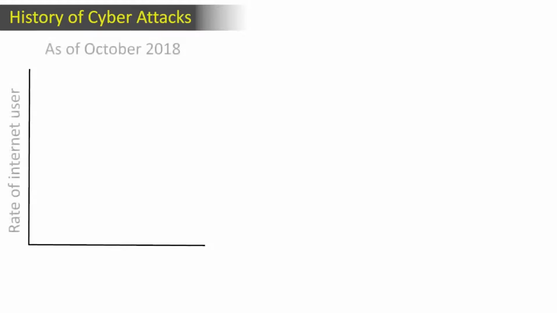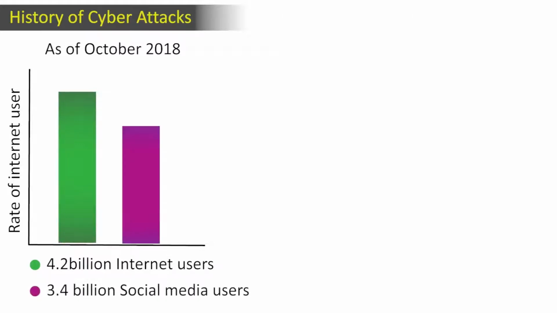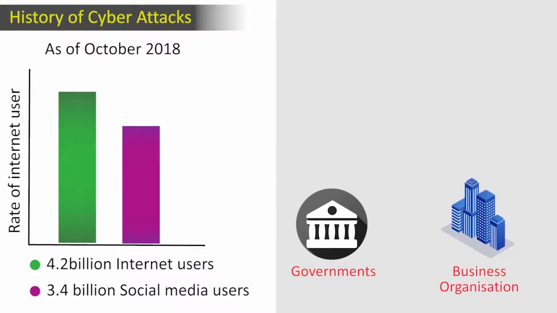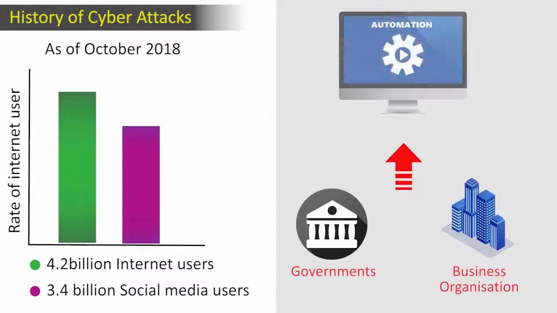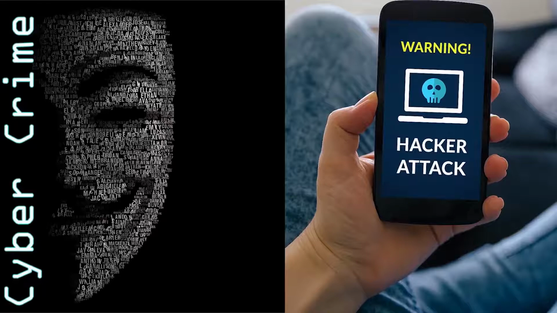As of October 2018, there are 4.2 billion active internet users worldwide and 3.4 billion people are active in social media. We know governments and business organizations are increasingly automating their day-to-day activities, which has led to an increase in cyber crimes and subsequently cyber attacks.